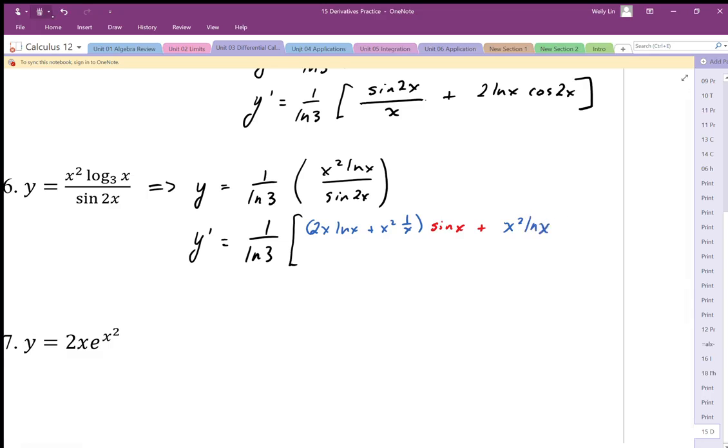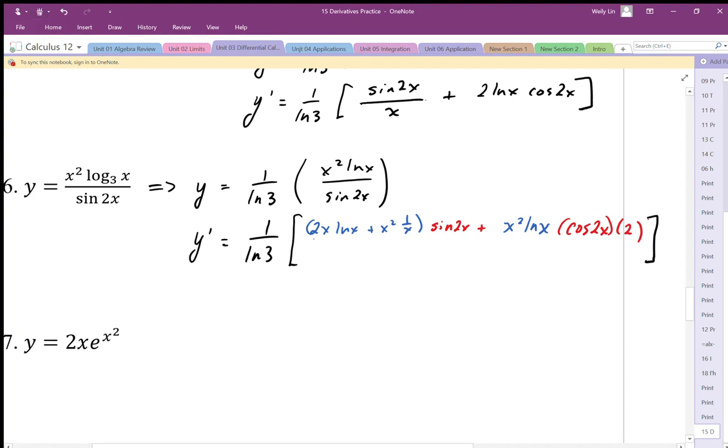Now I'm going to differentiate the sine. This is sine 2x. So I'm going to differentiate the sine into cosine 2x, and then again apply chain rule on that. So maybe I'll put brackets in here, just to show that that is not part of the inside of the function.